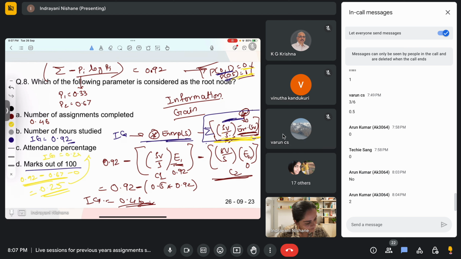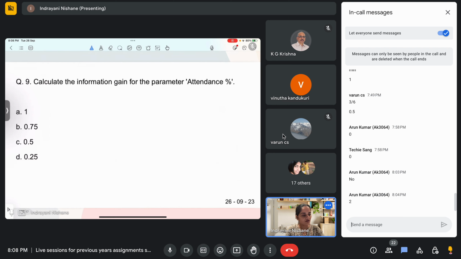Yes, so this seems to be the right answer, because it is 0.25. Okay, everyone got it? How we calculate entropy and how we calculate information gain? Yeah, so we will move on to the next question.